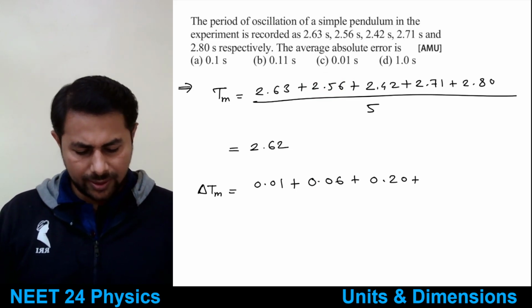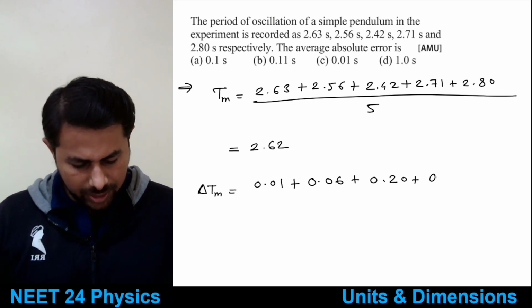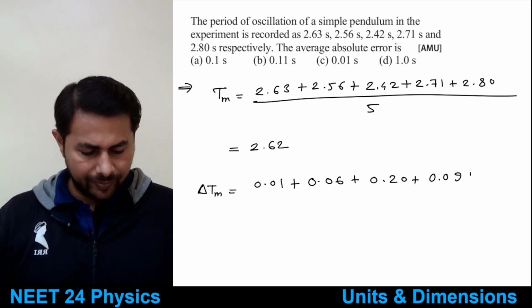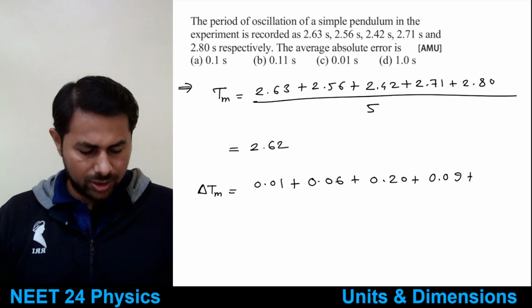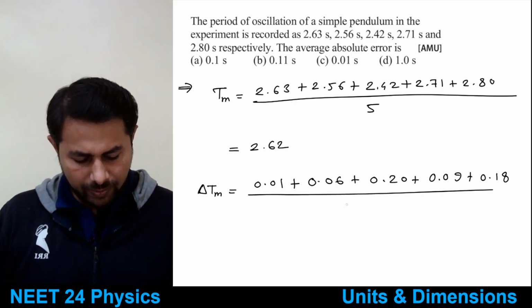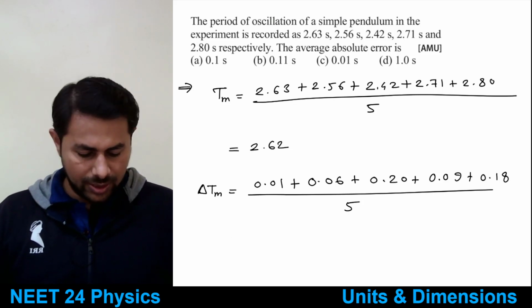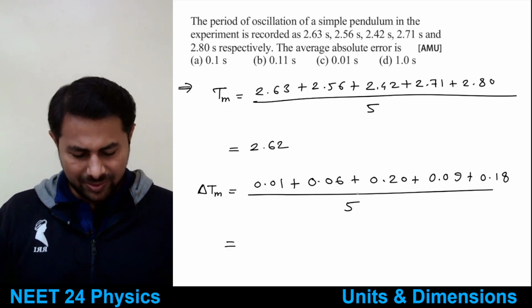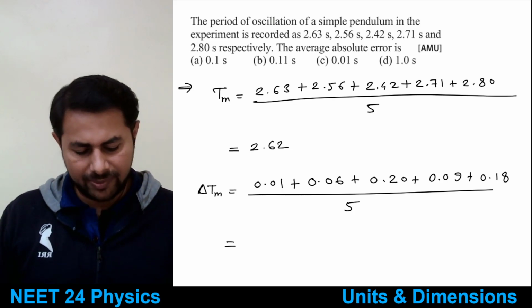The error in the next one is 0.09, and the error in the last one is 0.18, and you divide that by 5. So this is how you will find out the mean absolute error, but it takes time, right?